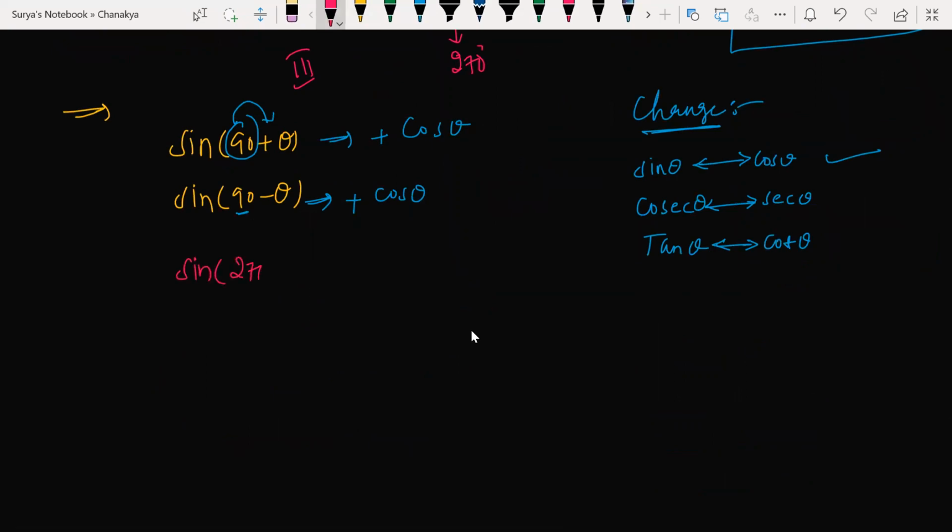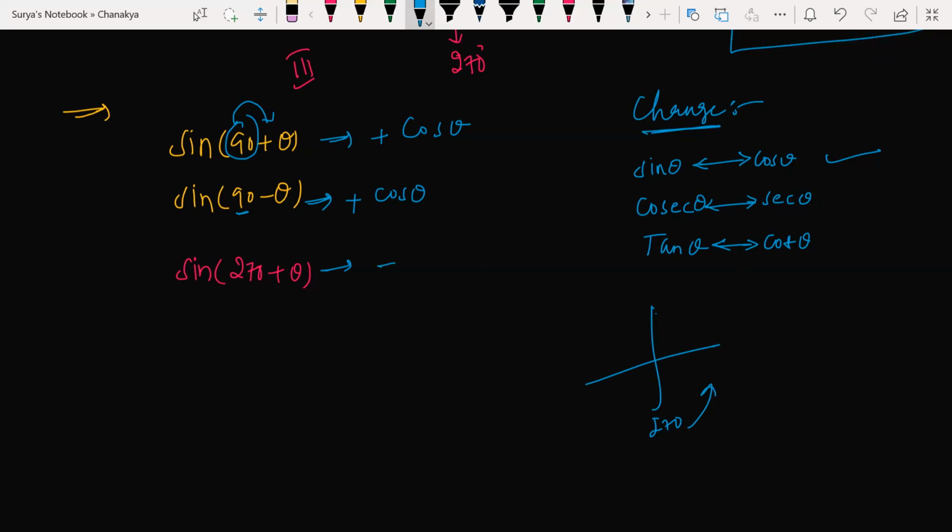Sin 270 plus theta is what now? Very simple. 270 plus theta, which quadrant? Fourth quadrant. In the fourth quadrant, sin will be negative, or not?